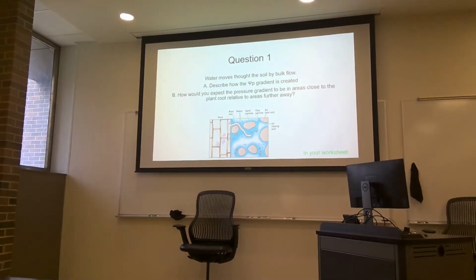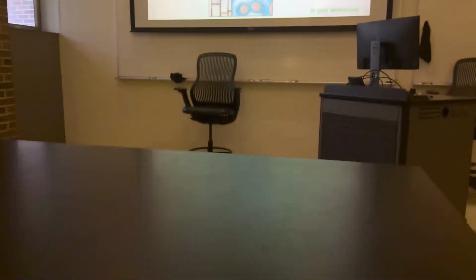So I want you to talk in your group and figure out, if you had to explain this to someone in your own words, how would you explain water moving through the soil and how the pressure gradient is maintained so that more water keeps going through it? That's in your worksheet, and then we'll talk about it.